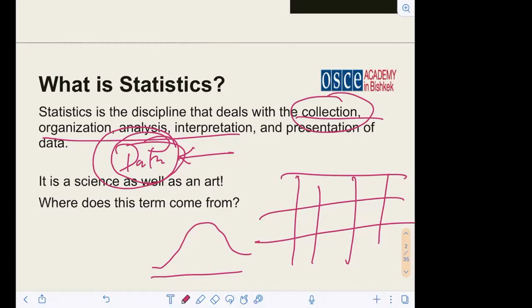What they are doing is trying to collect some information from you, which would be transformed into data. Then that data further is going to be organized, then analyzed, and then interpreted.